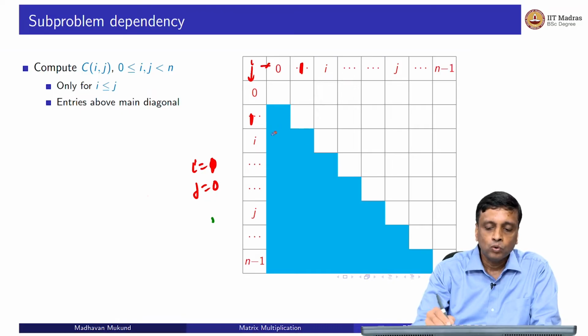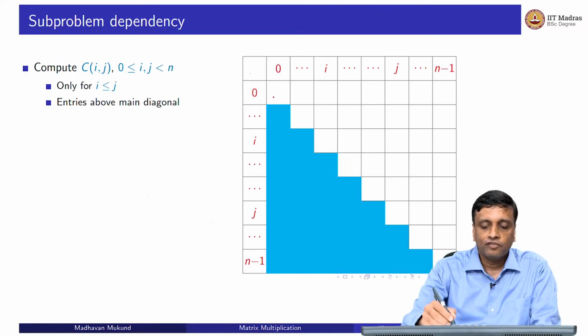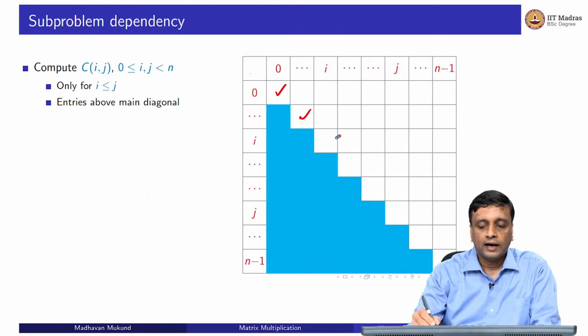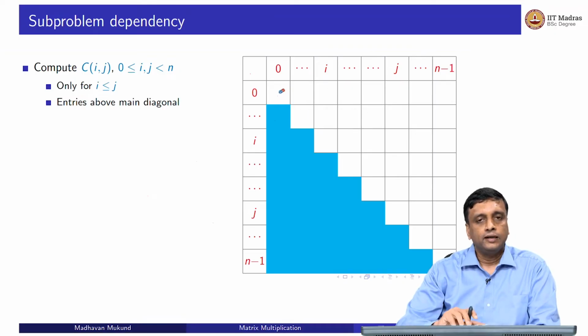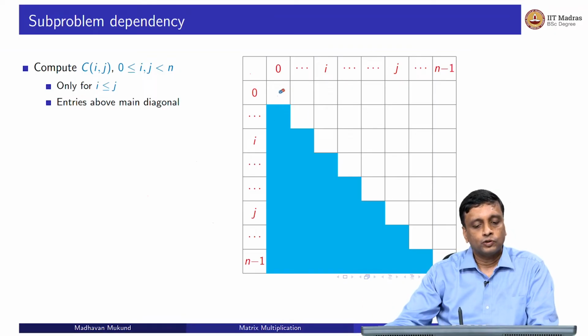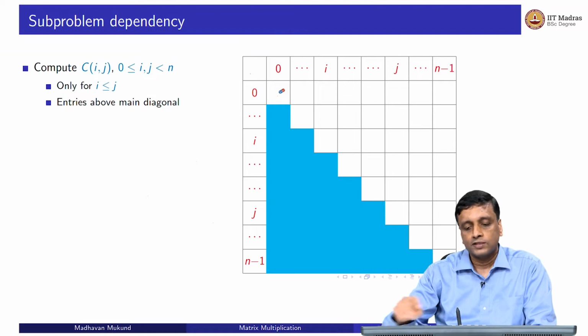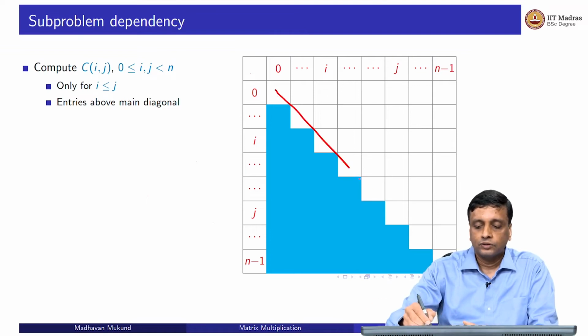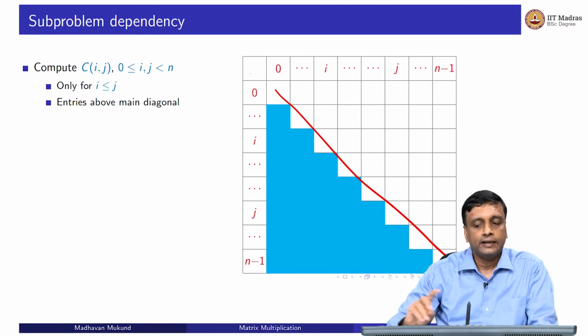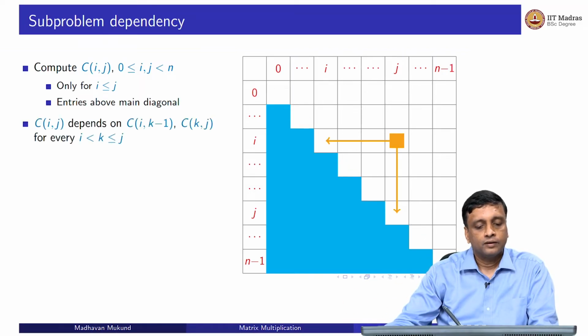So everything in this blue zone corresponds to j smaller than i. So the first entry of interest is where i is equal to j, and after that i is smaller than j, but below that is not allowed. So I only have to compute values above this so-called main diagonal. So this is the diagonal of the matrix, the main diagonal. So we only need to compute values on the main diagonal and above.